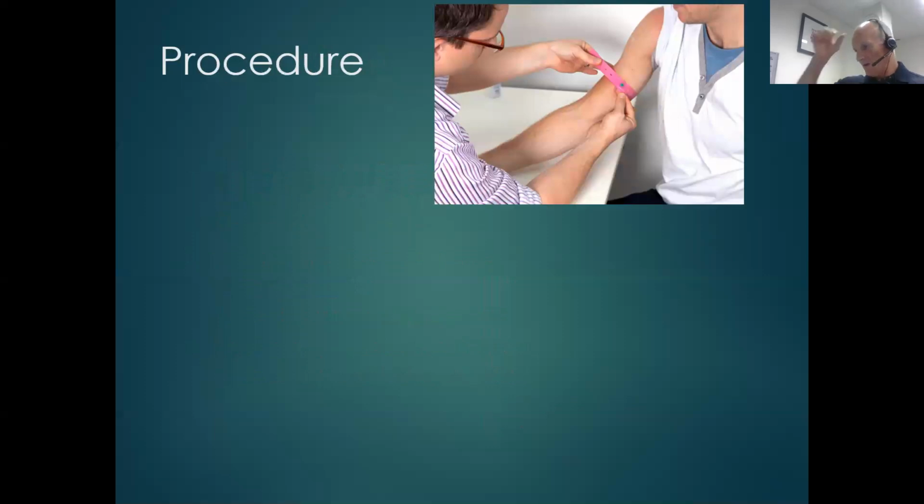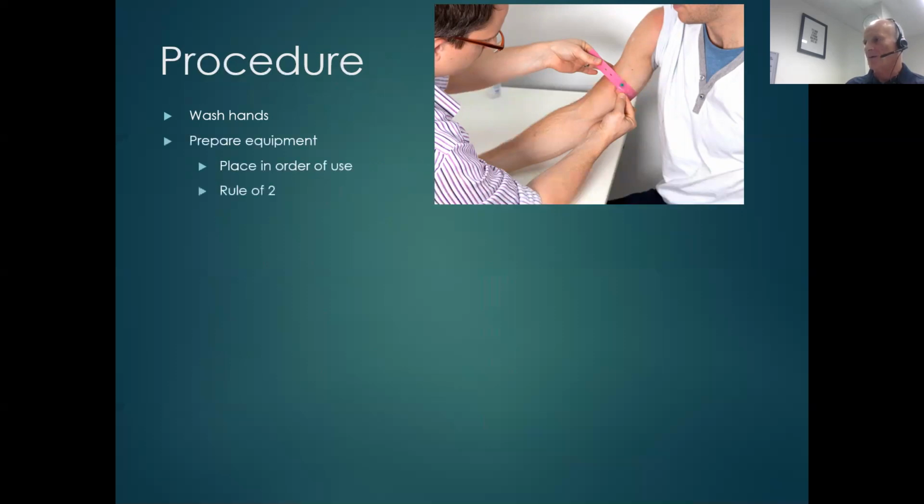Okay, the procedure, and look, we'll run through the procedure because this is a skill that you'll learn more than likely at your residential school or when you come in and actually do it on the mannequins. Wash your hands, prepare your equipment. You must prepare the equipment, place it in order of use.